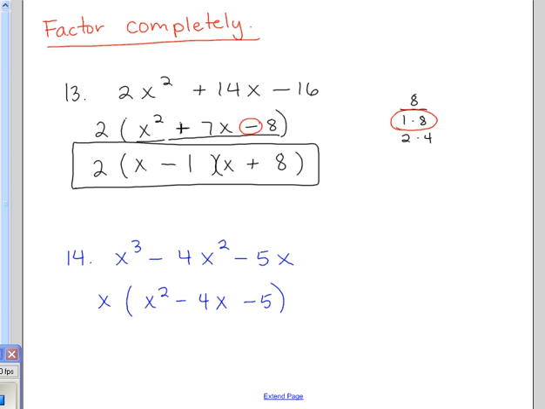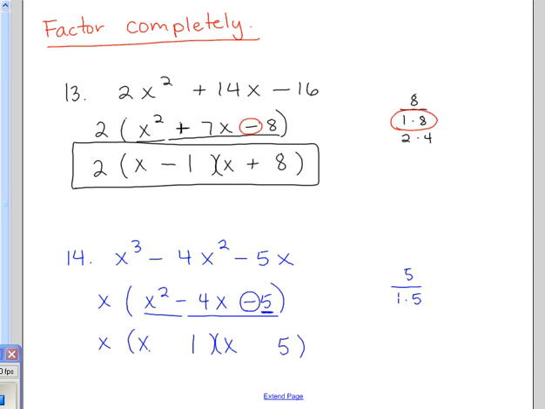So again, I'm left with a trinomial that I can break down into 2 binomials. x times x would give me x squared, so I need to look at the 5. It is negative, which means I want to find 2 numbers that will multiply to be 5, which is just 1 and 5, that will also subtract to be negative 4. So we know that will be 1 and 5.